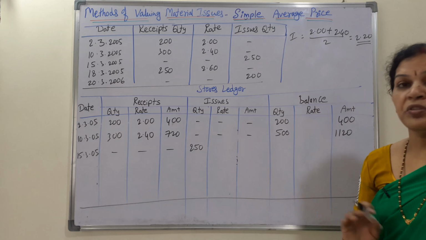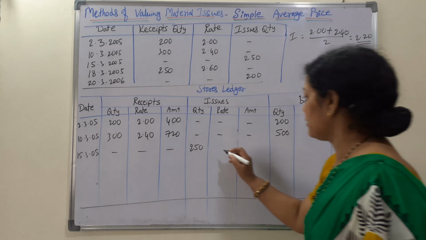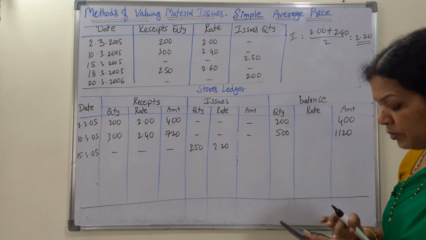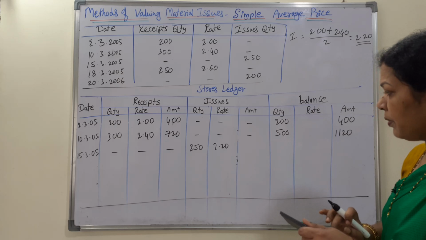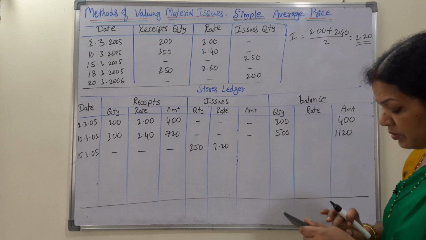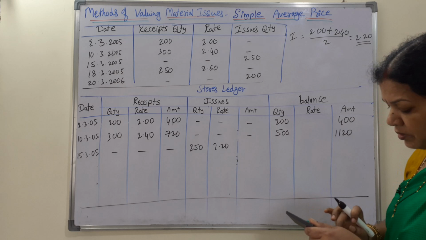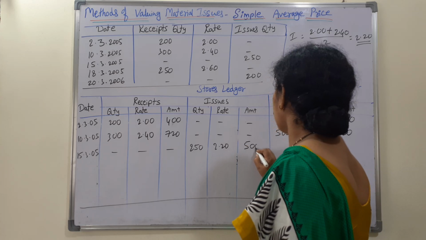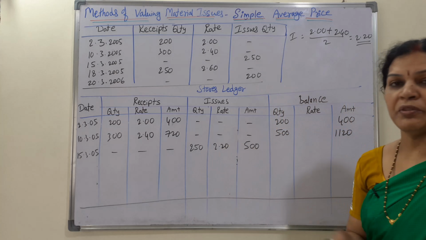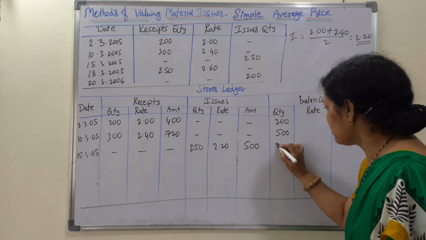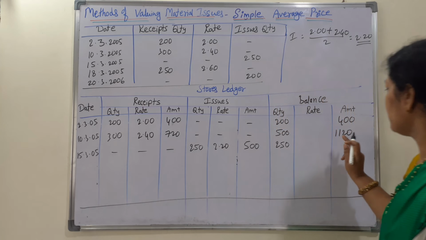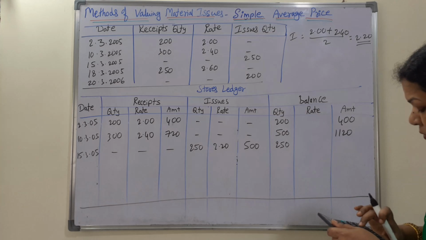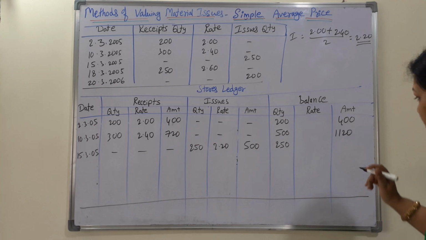So 2.20 will be the rate. Now we can calculate 250 into 2.20, it is 550. Out of 500 we have issued 250, so the leftover is 250 only. Out of 1120 we have issued 500, leftover is 620.